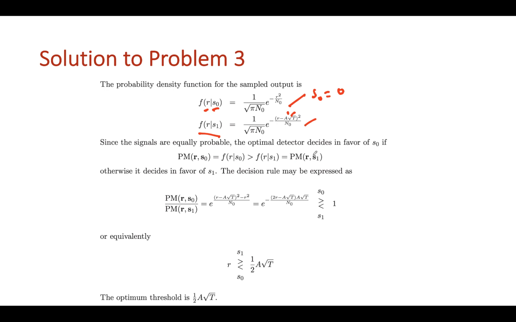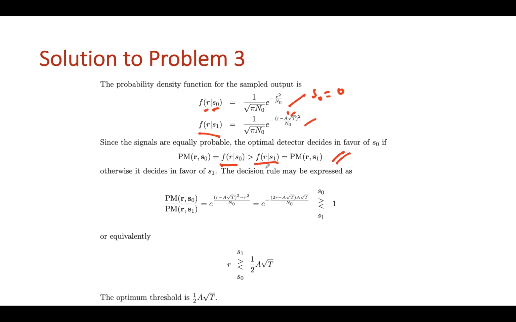So then your optimum decision rule is basically to detect whether this term is greater than this term or not. Basically this comes directly from the lecture notes that we covered previously when we were trying to define the optimum decision rule based on the minimization of the probability of error.